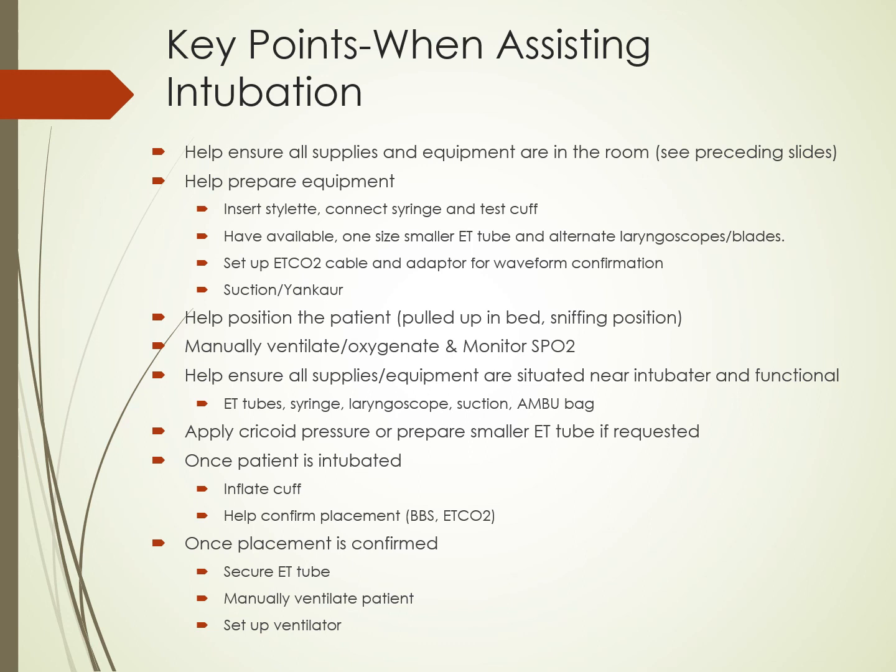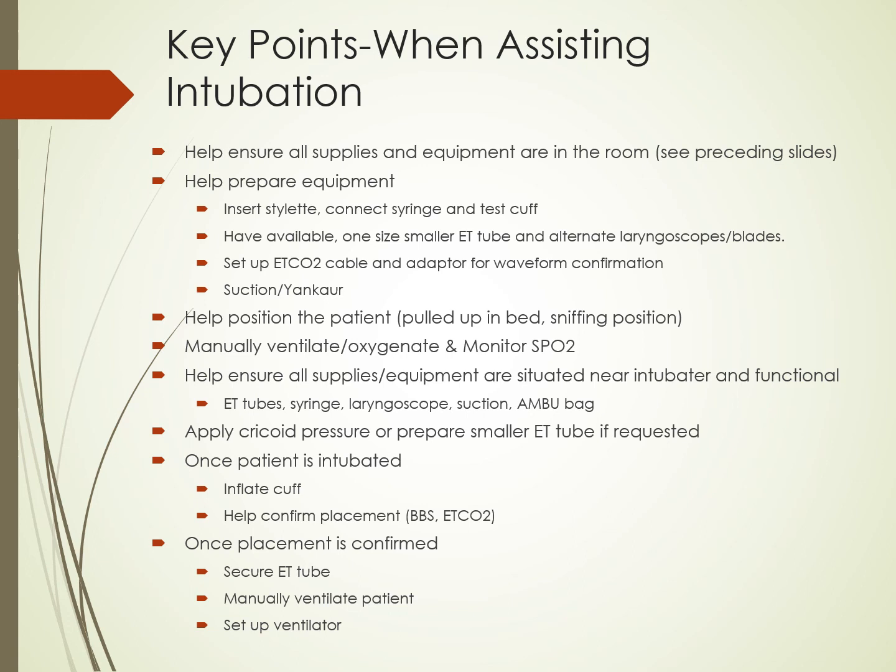Ventilating and oxygenating the patient, helping ensure that all supplies and equipment are situated properly, applying cricoid pressure, and I will show you what that looks like and talk about that in an ensuing slide if it's requested. Cricoid pressure is known as the Sellick maneuver, with an S, like Tom Selleck. Its main purpose is to, if you will, kind of close the esophagus.